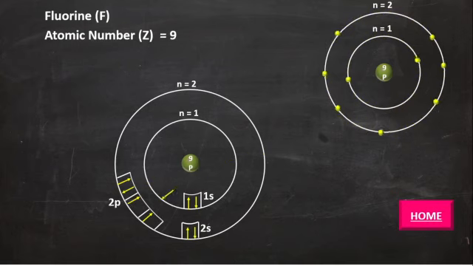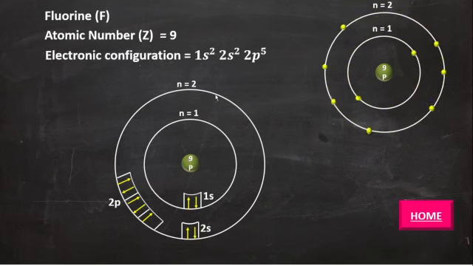Okay, so these are the electrons in various orbitals in the case of the fluorine atom. So the electronic configuration is 1s2, 2s2, 2p5.